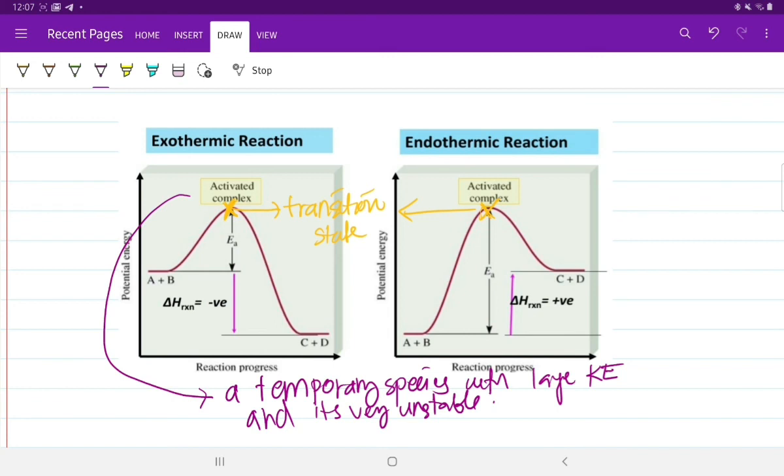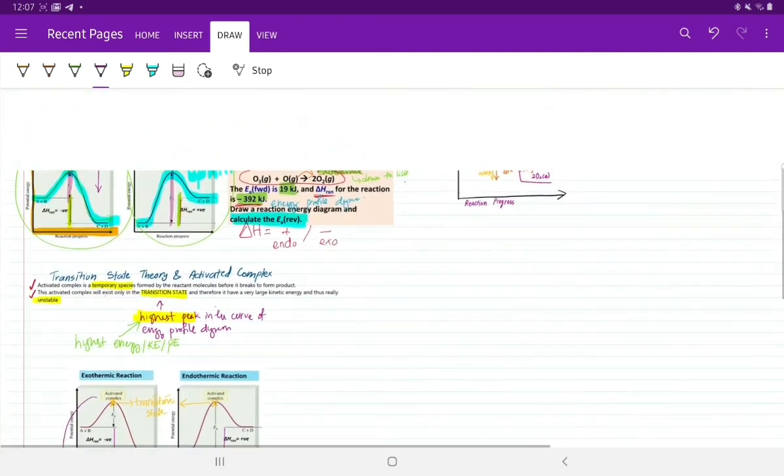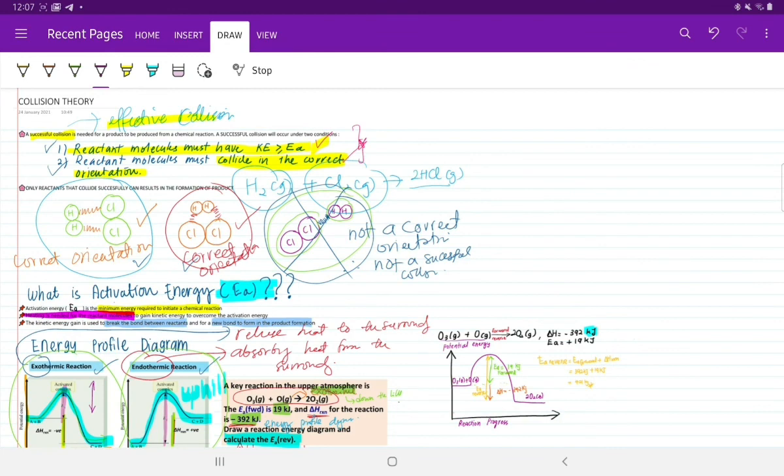Okay guys, so basically we are done for this video. We already talked about collision theory and the requirements for effective or successful collisions to take place. At the same time, we discussed activation energy, and from it I taught you two different patterns of energy profile diagram, one for exothermic and another for endothermic.